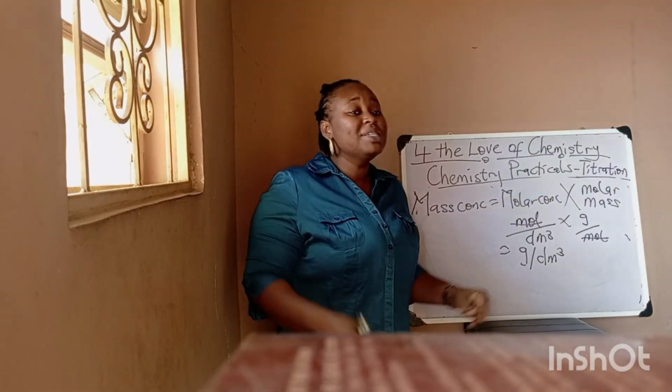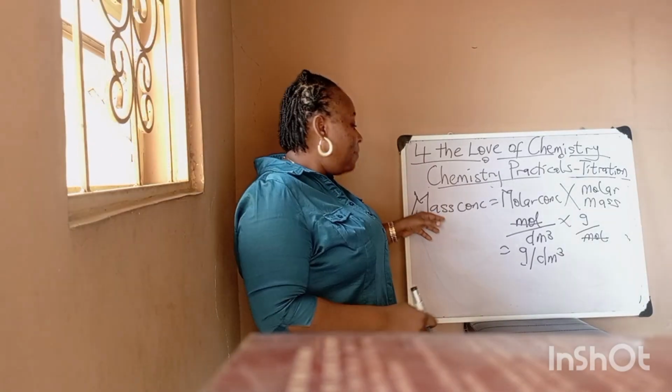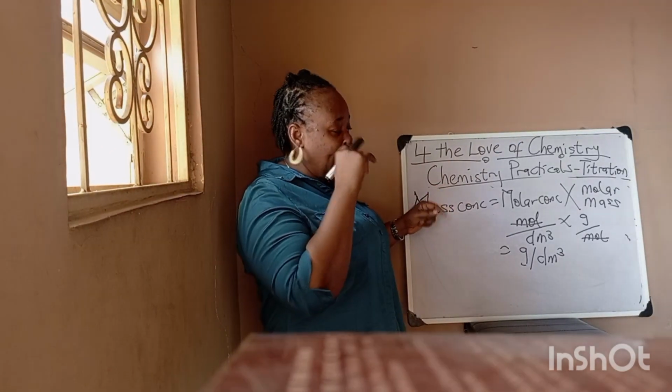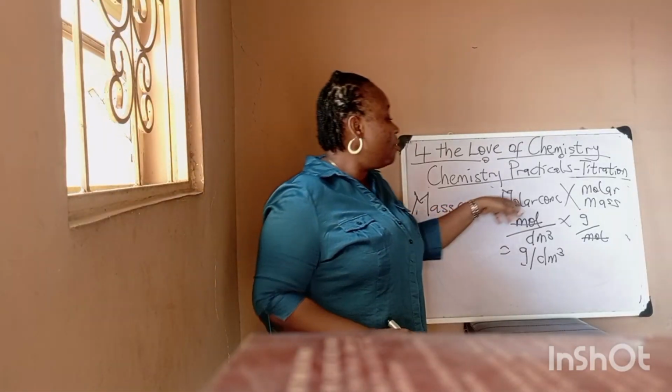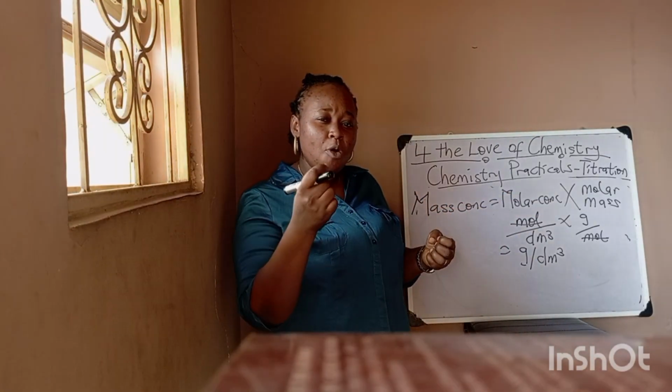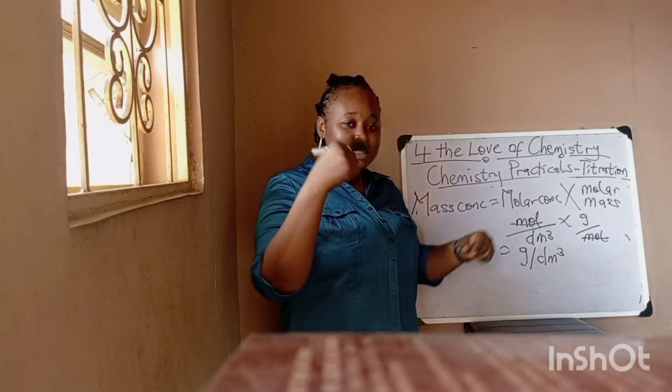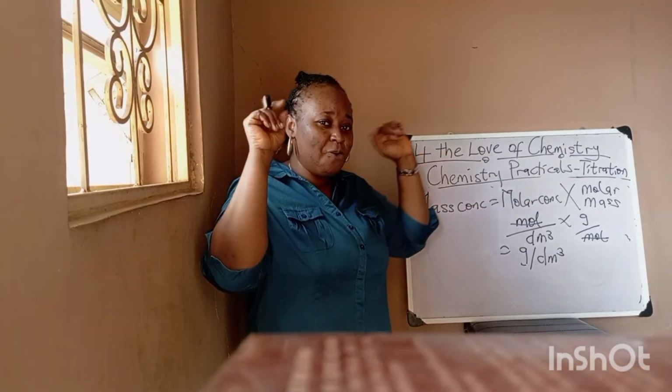Each concentration always has per dm cubed, and mass is grams, so mass conc is gram per dm cubed, and molar conc is mole per dm cubed. So with that, you don't forget it.